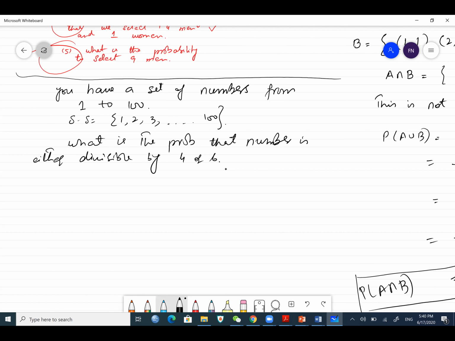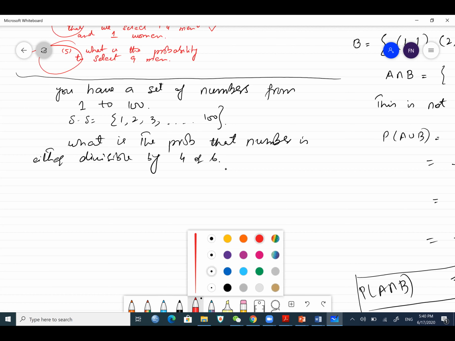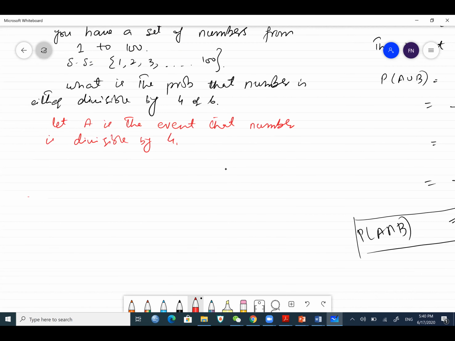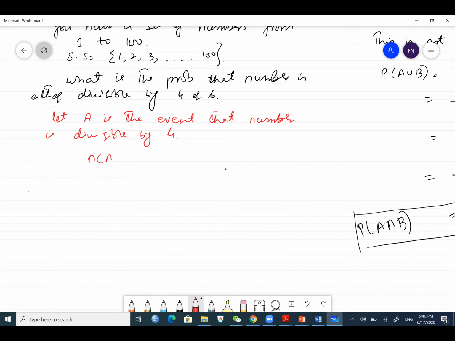So we define an event. Let A be the event that the number is divisible by 4. So how many numbers are divisible by 4 from the set of 100 numbers? You can divide 100 by 4.